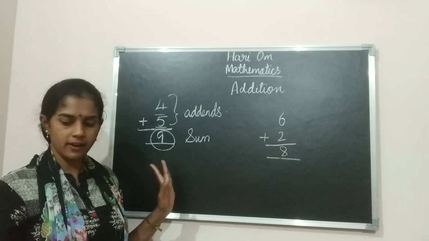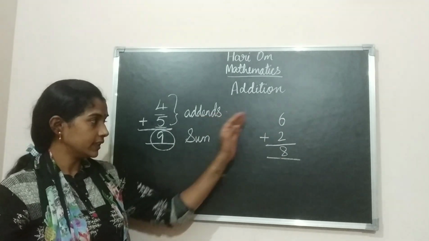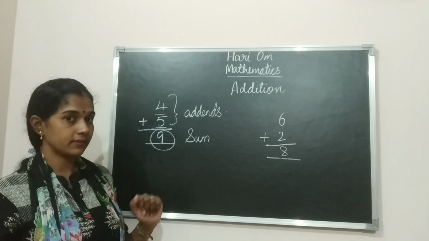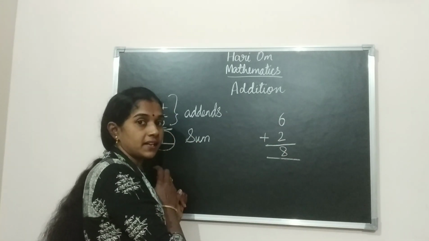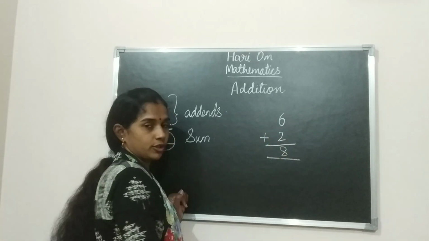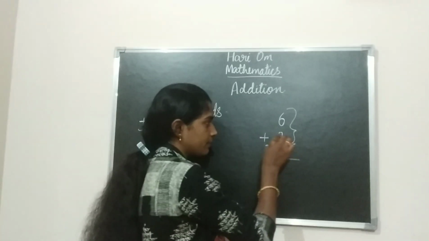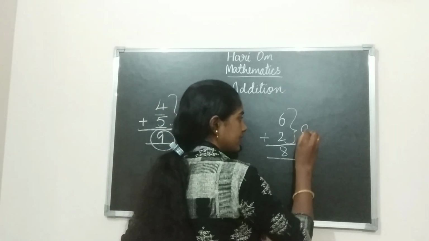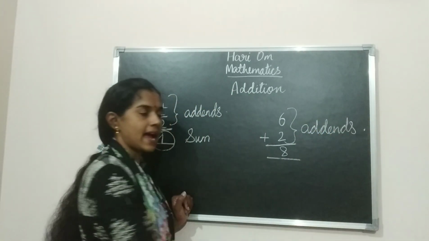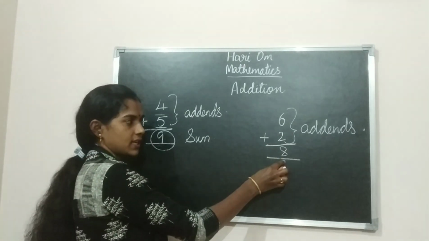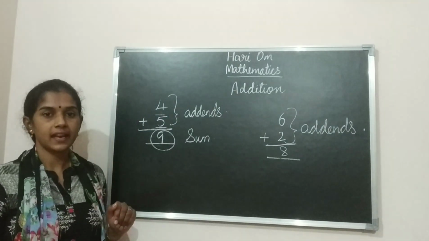You have learned all these things, no children? In these numbers, which is the addend and which is the sum? The two numbers we are adding, 6 and 2, are addends. What are they called? Addends. And the answer is 8.